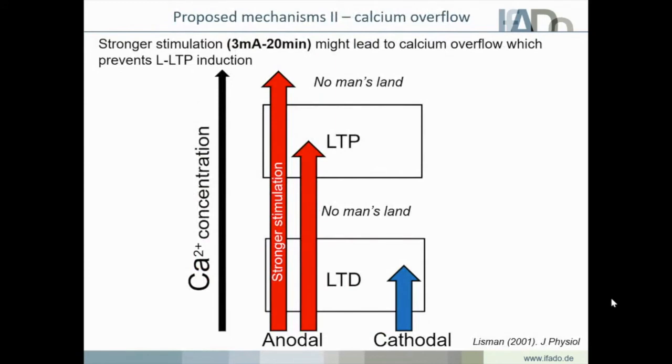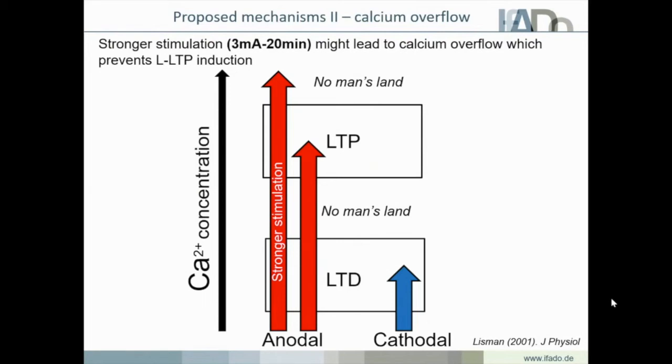We also propose that the optimal protocol was not able to induce late phase LTP-like plasticity because of the stronger effect it has on the synapses, because higher intensities are more likely to induce more calcium at the synapse, which can lead to some counterbalancing effects like opening up of potassium channels and decreasing the amount of plasticity induced.